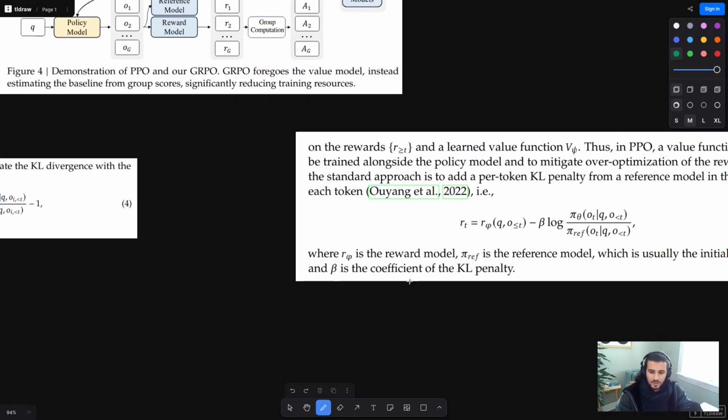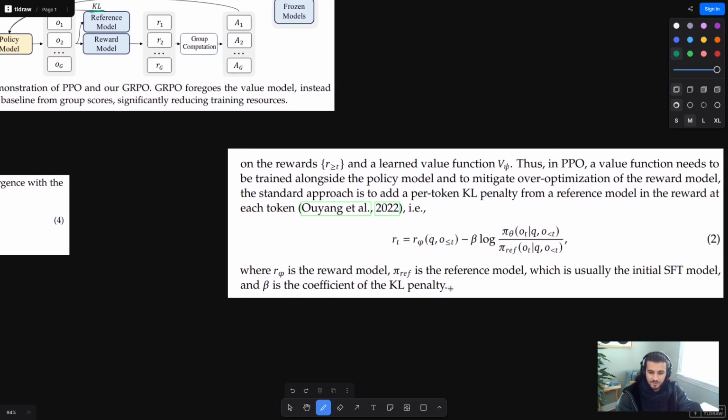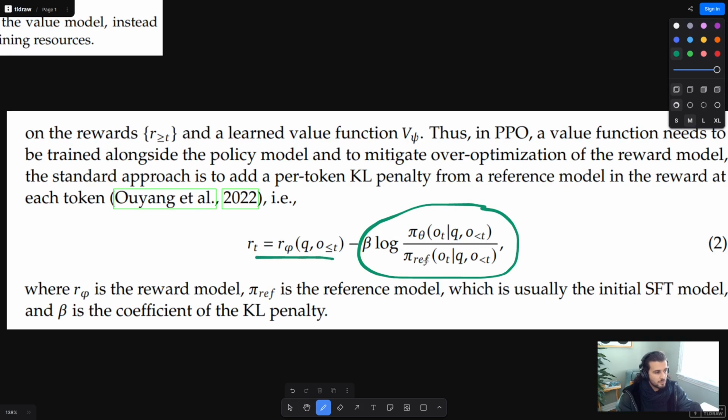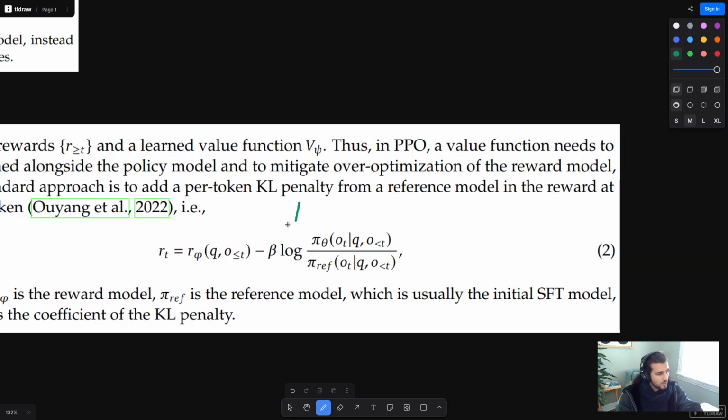If we take a look at what the KL divergence looks like on the PPO side, you have this term over here. So it's in the reward variable, and then you have this hyperparameter beta that controls how much of this you have to account for. So we have the log of some probability over here divided by another set of probabilities. This is a reference model, and this is the current model that we're optimizing.